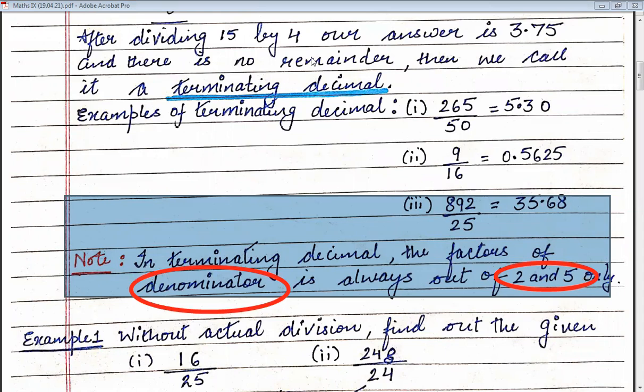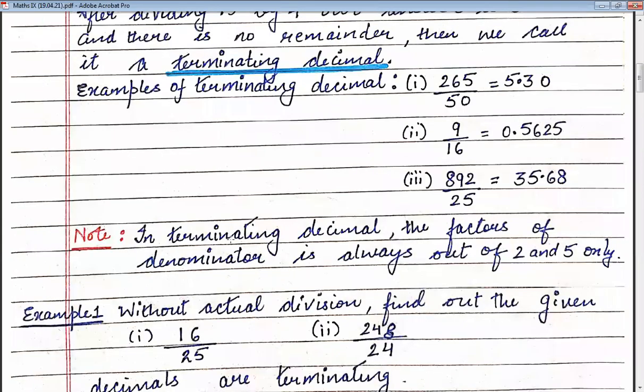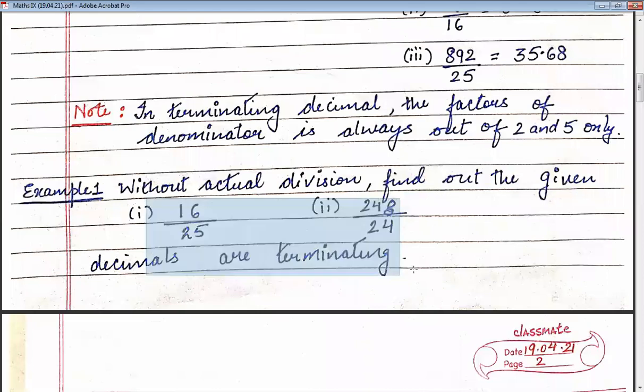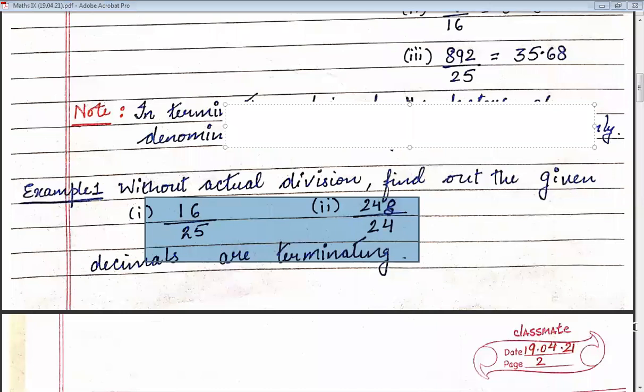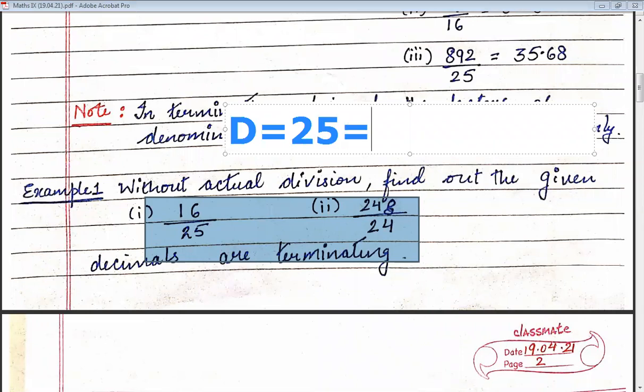Now, children, to understand this topic, let's take an example. Without actual division, find out whether the given fractions 16 upon 25 and 248 upon 24 are terminating or not. Let's have a look. Can you tell me what is your denominator here? Yes, denominator is 25. Now, can you make the prime factors of 25?